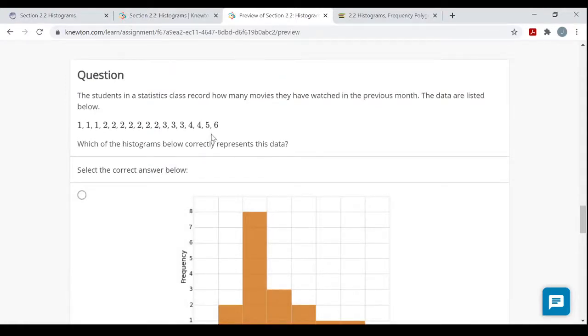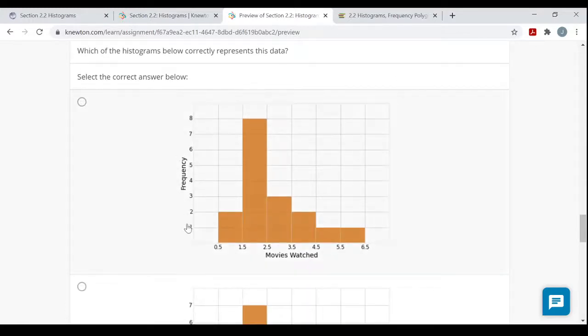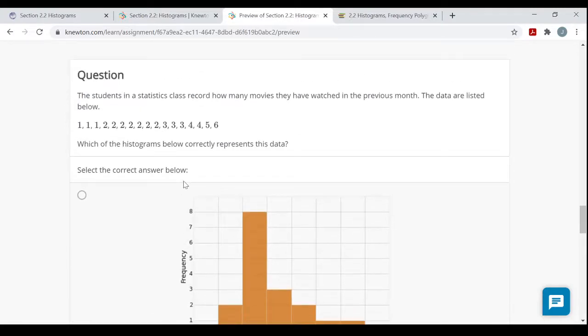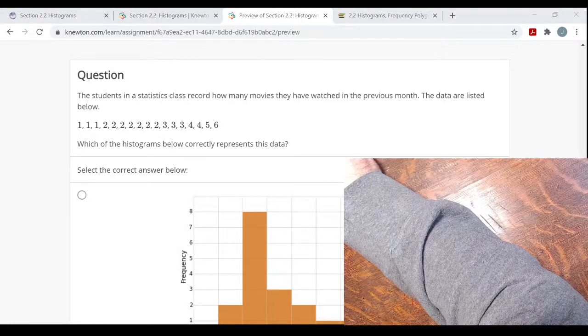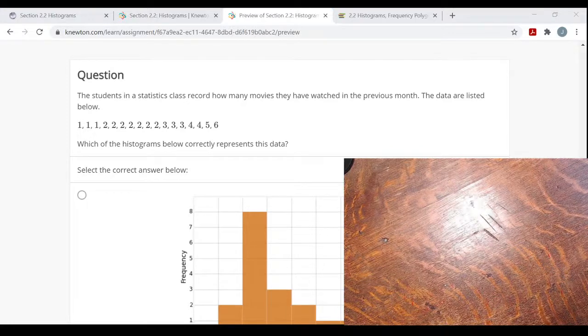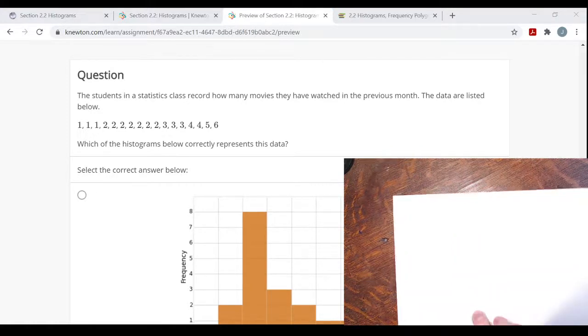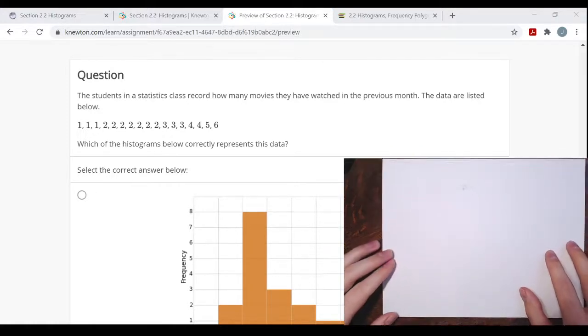Which of the histograms below correctly represents the data? Let's see here. Now, you see the little horizontal axis represents movies watched, vertical axis represents frequency. If I were making a histogram for this, here's how I do it by hand. Hopefully this isn't too small.